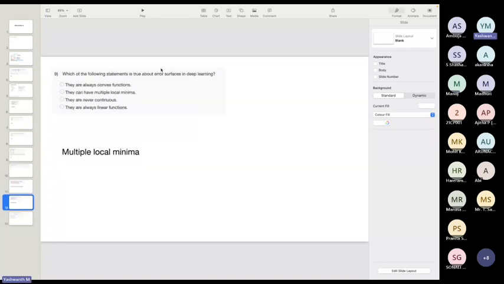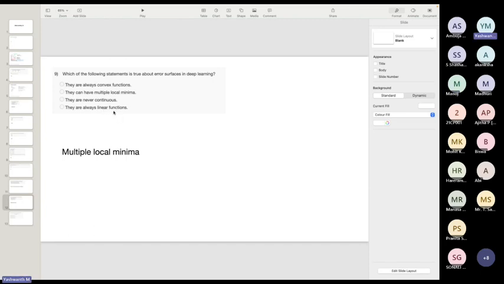So this is an interesting question. Which of the following statements are true about error surfaces in deep learning? Any guesses? There are too many complex jargons here. Convex functions. How many of you are familiar with convex functions? And local minimum. And linear functions, like the perceptron kind of function we just saw.